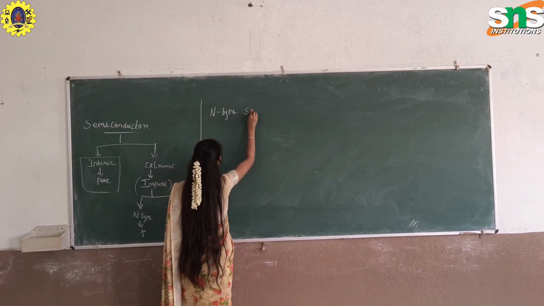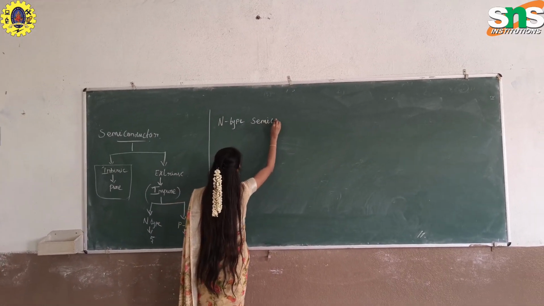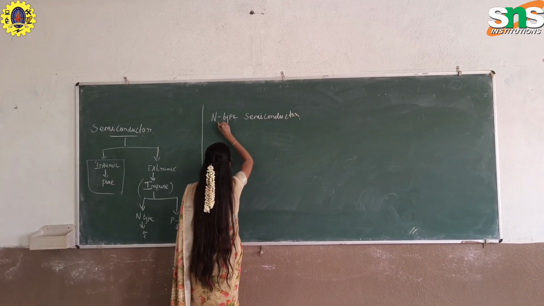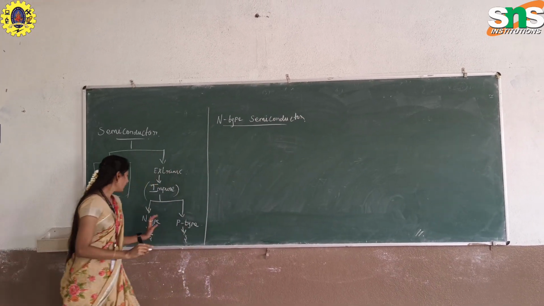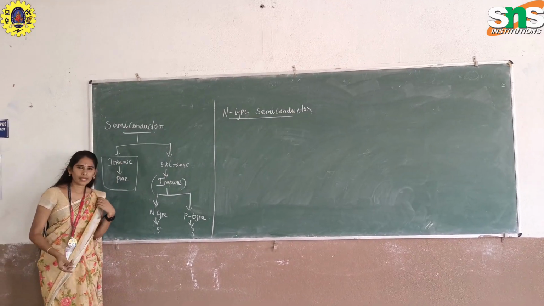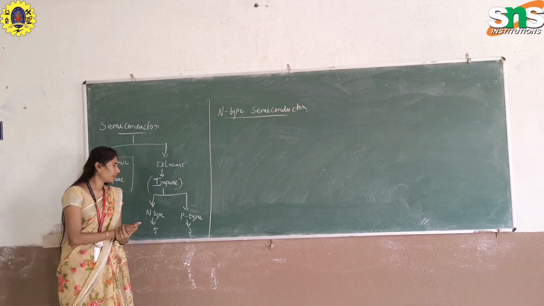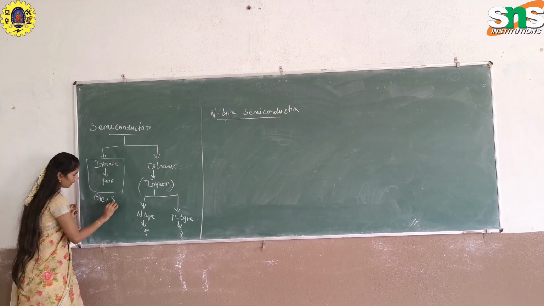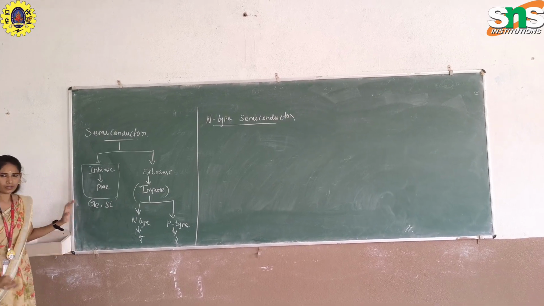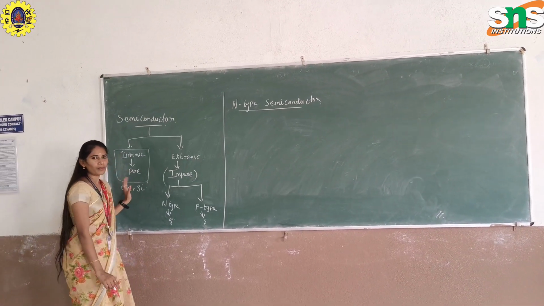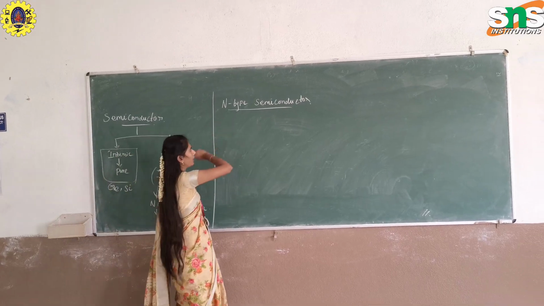Now we are going to discuss N-type. Examples of pure, intrinsic semiconductors are silicon and germanium.